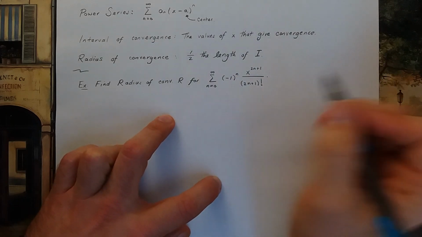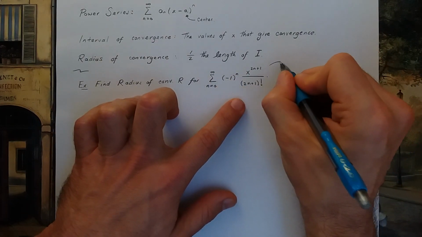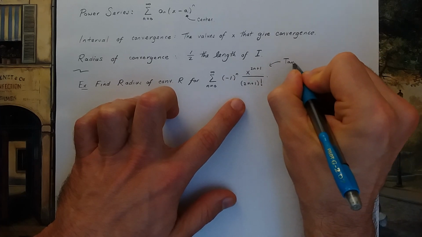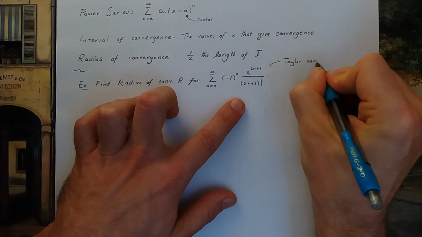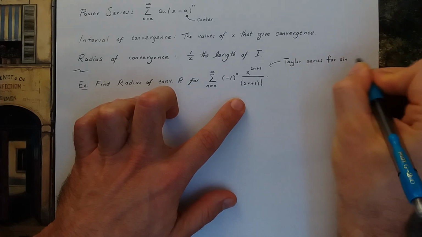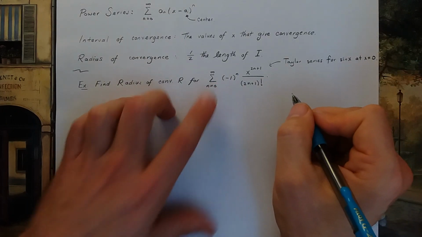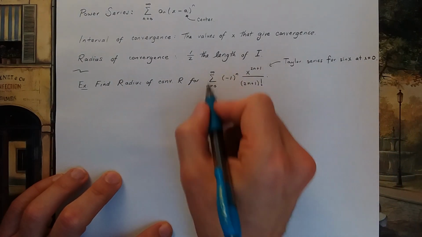We've actually seen this function before in the class. This is the Taylor series for sine x at x equals 0. But let's find the radius of convergence.